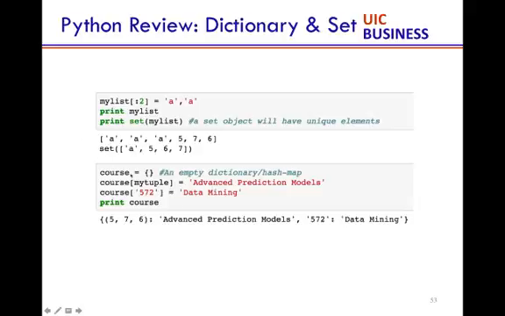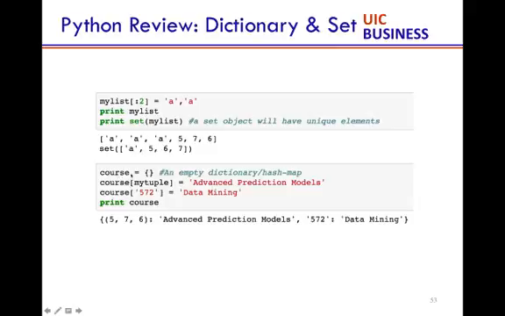A dictionary is just what you might have already seen as something called a hash map, or if you have not seen, a dictionary is just the same as a physical dictionary. So you have a key and a value. So for example, in an English to English dictionary, you would have a word and its meaning, right? So that would be a key and a value. And so here I'm creating a dictionary.